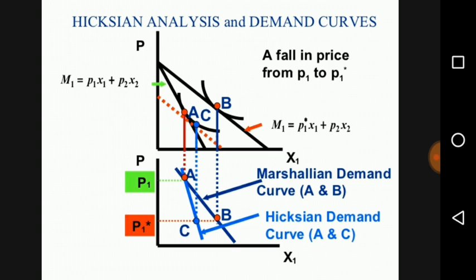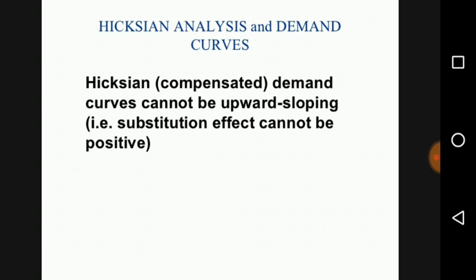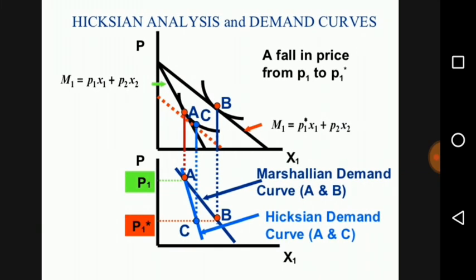The Marshallian demand curve is due to the whole price effect from A to B. And the Hicksian demand curve only shows the movement of the consumer from A to C as a response to the fall in price of good X from P1 to P1 star. So the Hicksian or compensated demand curve cannot be upward sloping. The substitution effect cannot be positive, as this demand curve is just showing the substitution effect, so it cannot be upward sloping like any other demand curve.